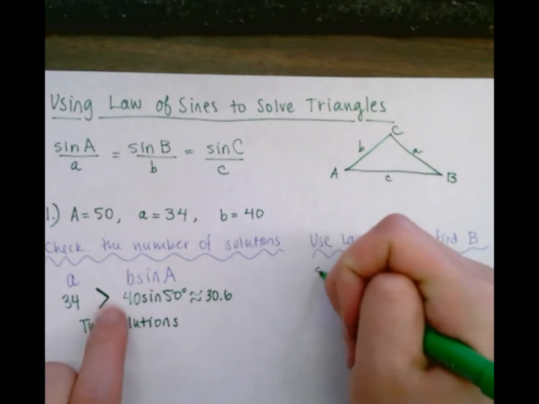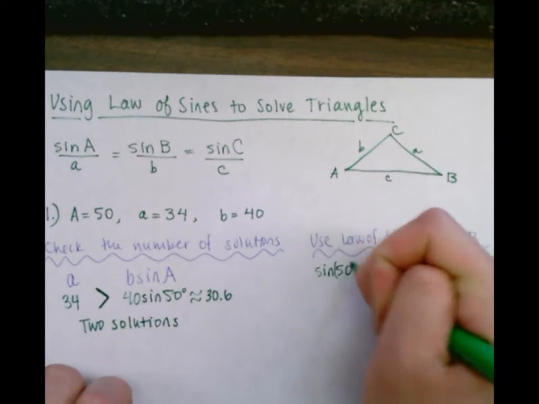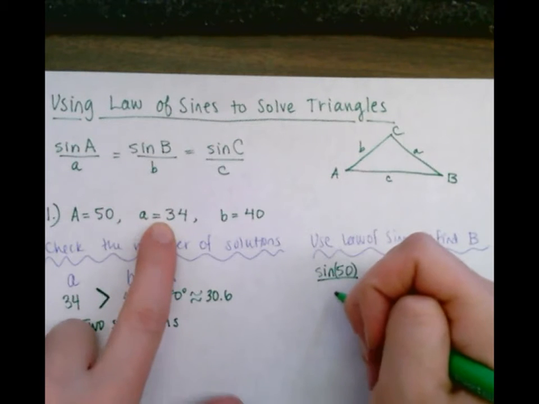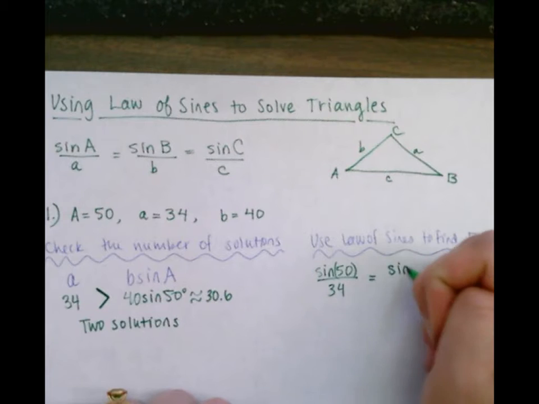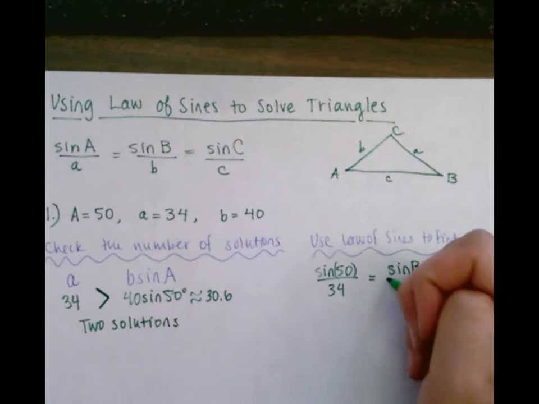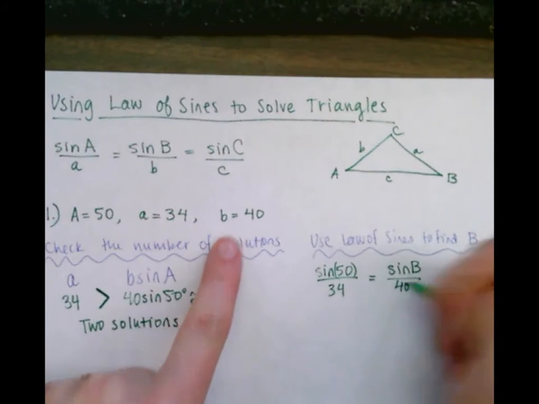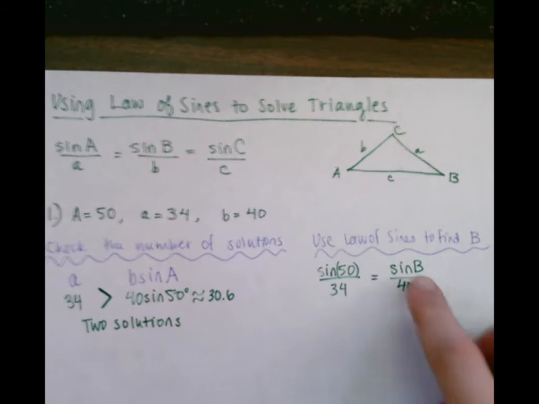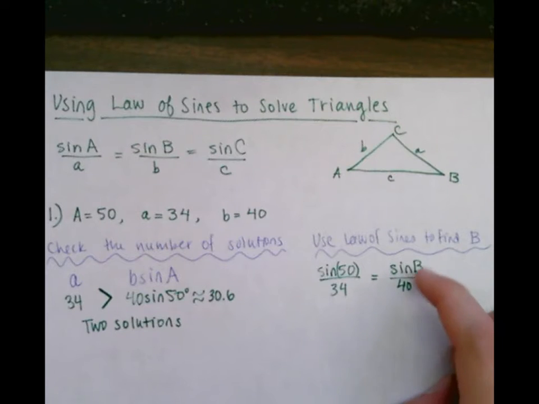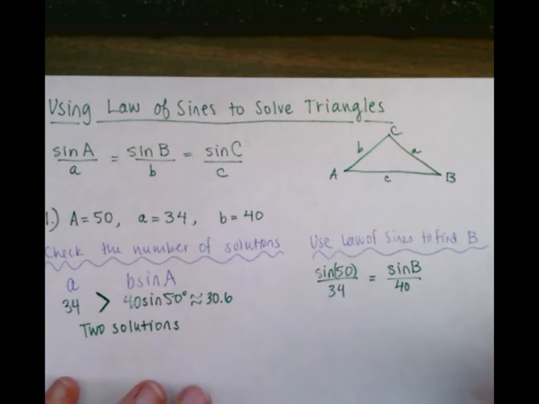So I'm going to do sine of 50, that's sine of A, over little a, 34, is equal to sine of, I don't know angle B, so that's my variable, over 40. We need to solve to find the missing part. In this case, we're missing B, so we're going to first solve to get sine of B by itself.